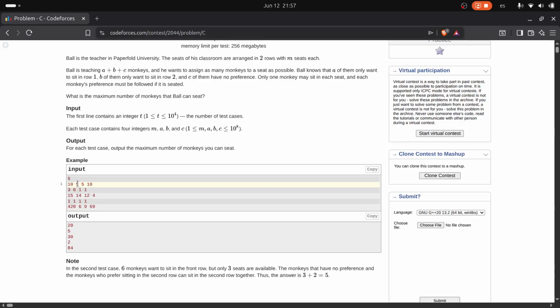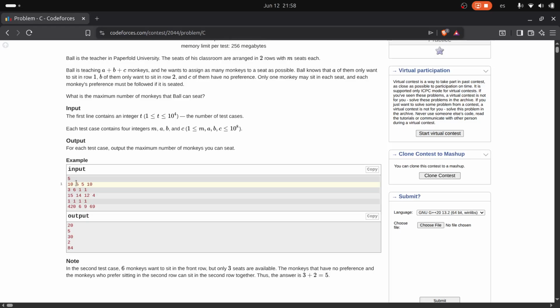Here the value of a would be 5. So that means the number of seats on the first row would be enough. And the same for the second row, because we know that five monkeys want to sit on the second row, which also has 10 seats.